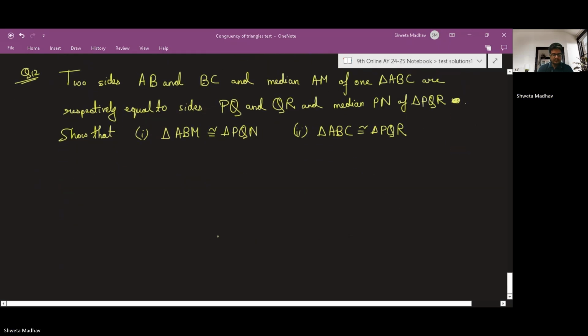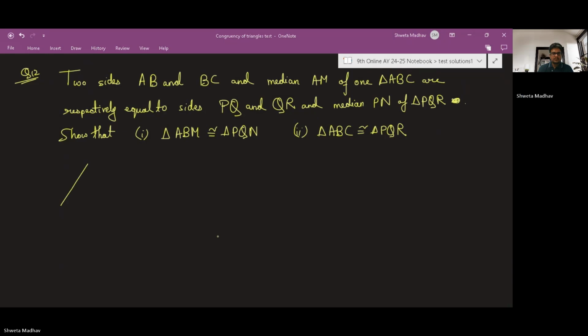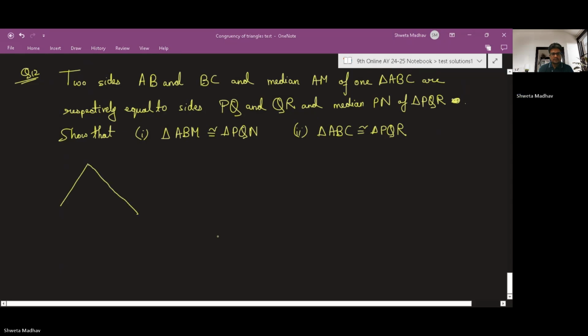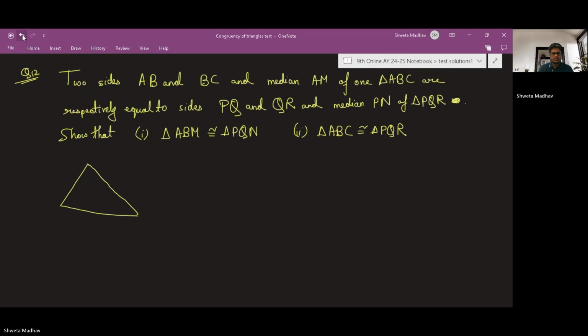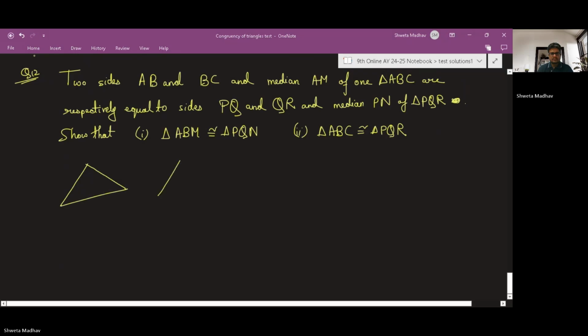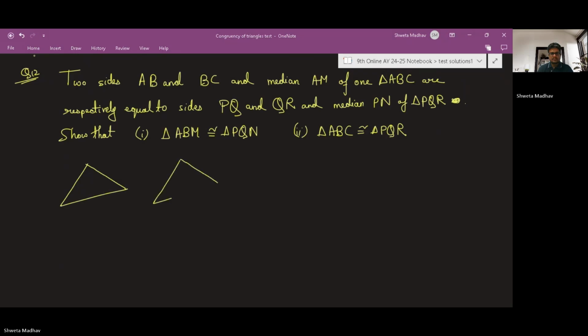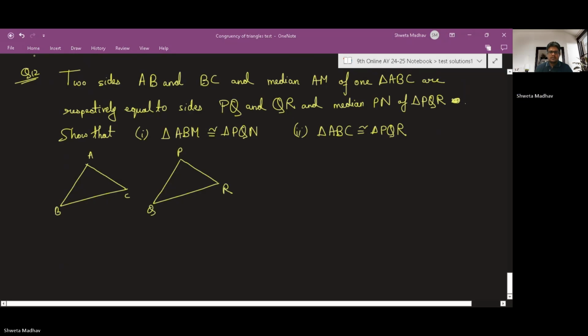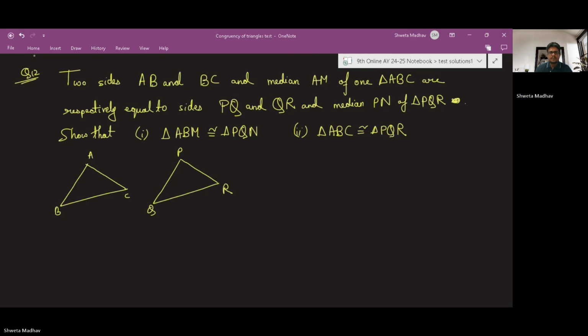So here it is given that two triangles ABC and PQR. Now AM is the median, so M is the midpoint of BC.